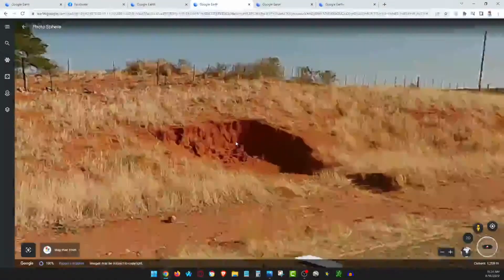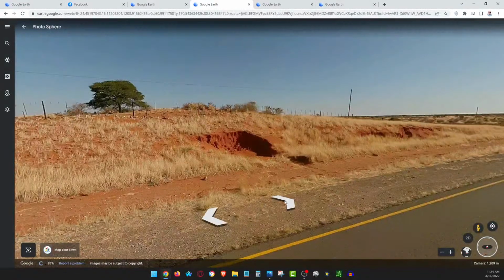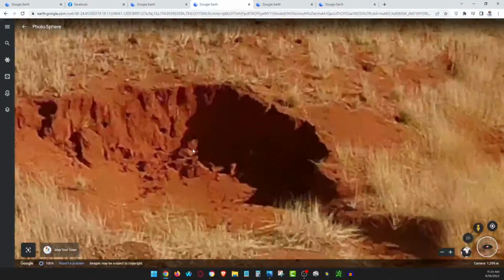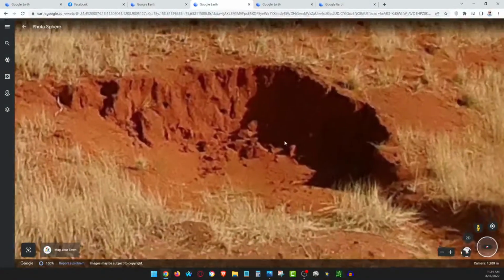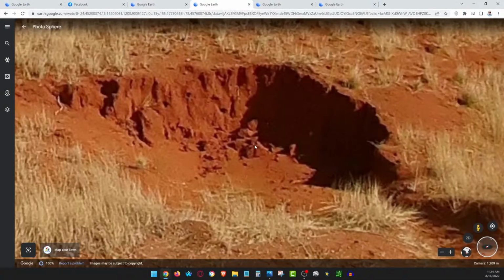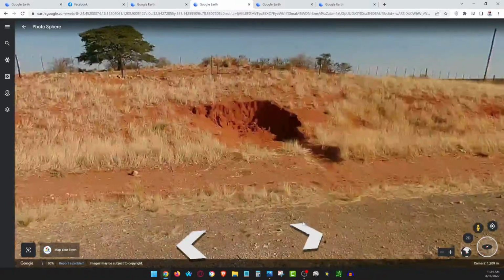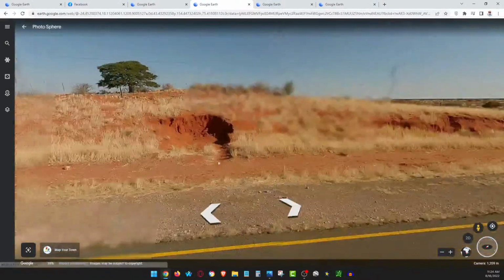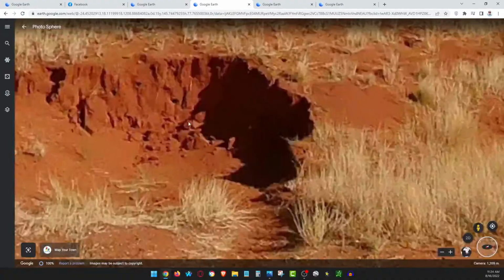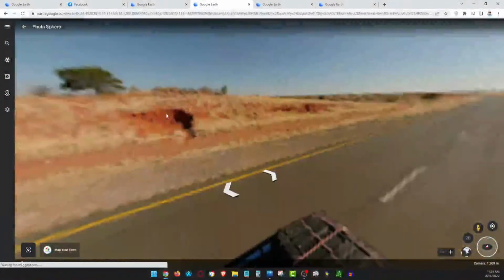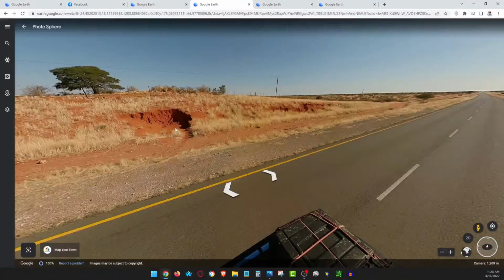Here, let's go to the next one and see if that's a person. Those are just rocks. That looks like a person. Yeah, that's not a person. Let's look at the next one. No, those are rocks. But definitely people are taking that clay.